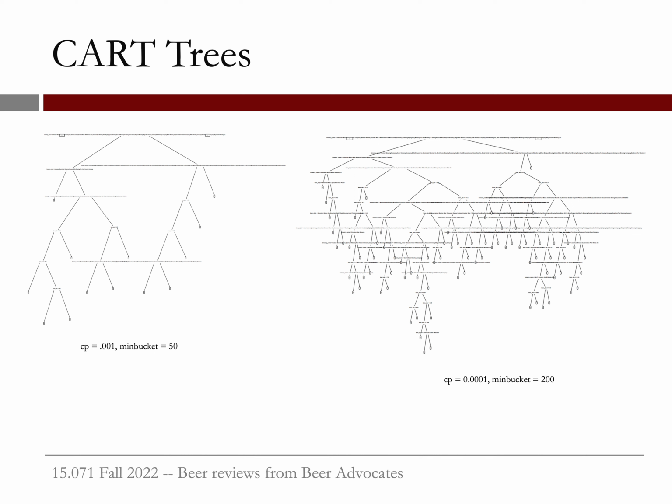However, we did manage to get some pretty good visual CART classification trees out of our data set. Here you can see 2 trees that represent the data that was presented on the previous slide. On the left, the tree has a higher value of CP, so it doesn't have as many leaves or nodes as the one on the right, which has a much lower CP value.